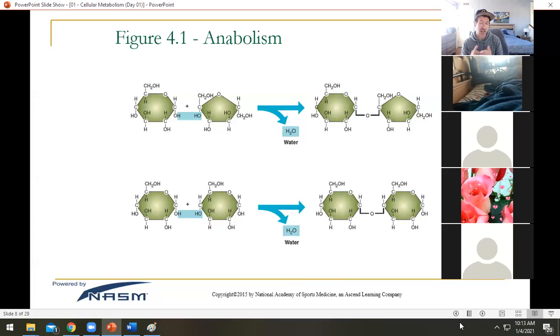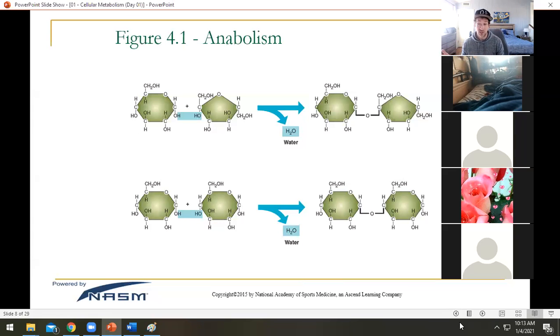So how do we produce ATP? Well, our body can do it by breaking down carbohydrates, or it can break down fats. And so if I know that I can break both of those things down, I probably want to have some stored versions of those carbohydrates, and some stored versions of those fats.